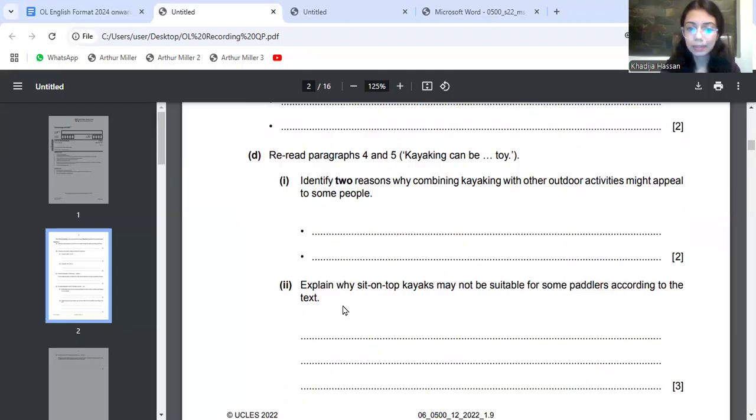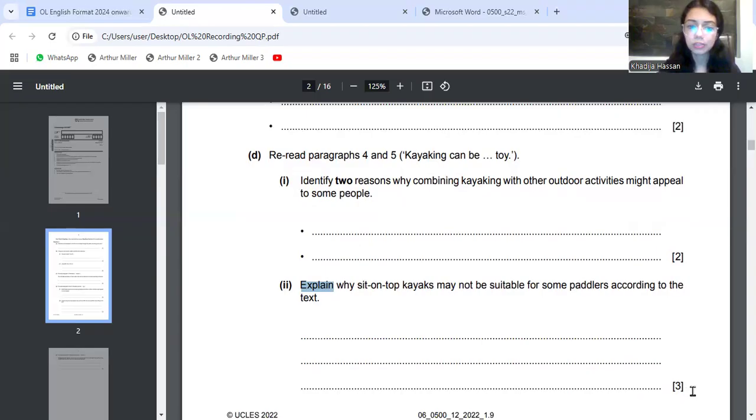Part 2 is explain. So wherever there's explain, even though this is explicit meaning questions, it does ask you to incorporate some kind of implicitness, right? So when they say explain why sit on top kayaks may not be suitable for some paddlers according to the text, they're asking you to elaborate on it as well. That is the meaning of explain, that you need to further explain it.